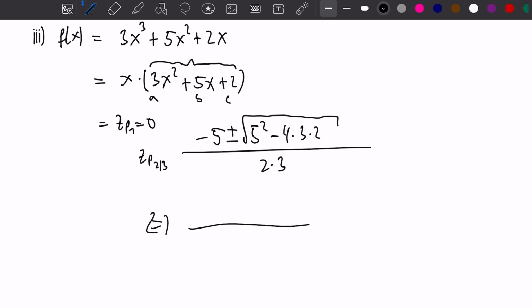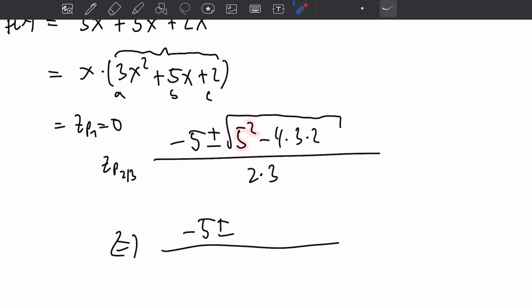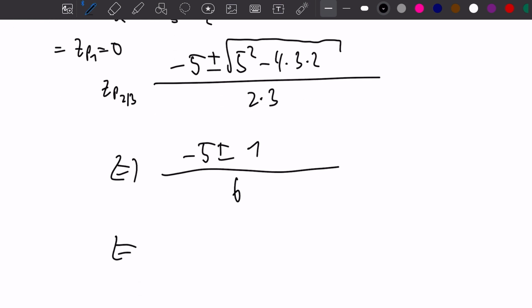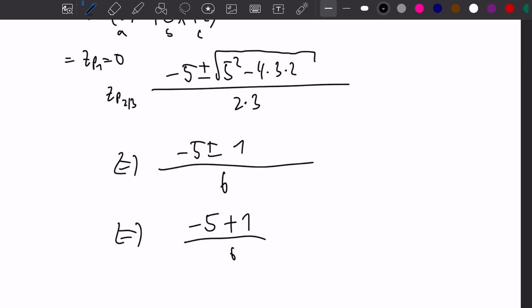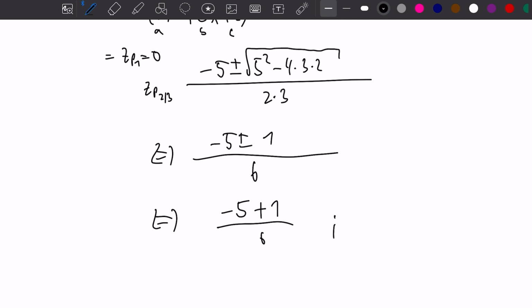This is the same as minus 5 plus minus: this here is 25, minus 4 times 3 is 12, times 2 is 24, so 25 minus 24 is equal to 1, so the square root of 1 is just 1, divided by 6, and this is minus 5 plus 1 divided by 6, and minus 5 minus 1 divided by 6.